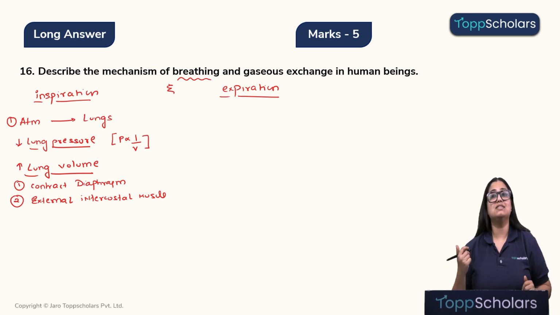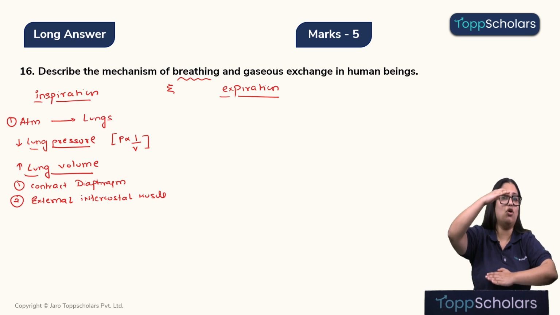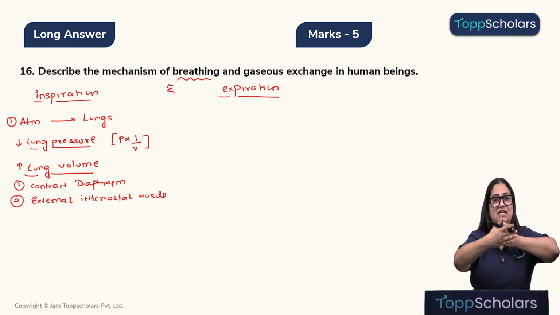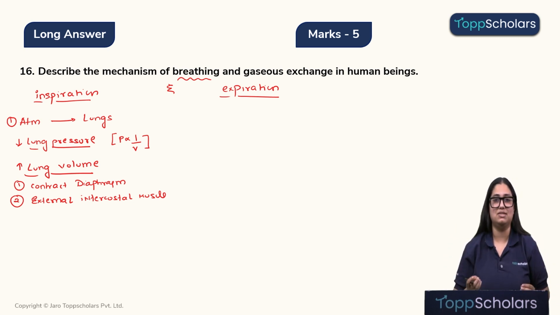So since the lungs are expanding in all three directions, that is the vertical direction because of the contraction of the diaphragm, AP direction because of the contraction of the external intercostal, and horizontal direction because of the contraction of the same muscle, the size of the lung increases.